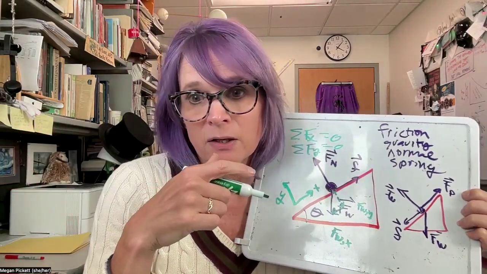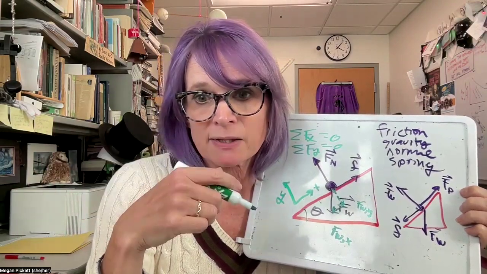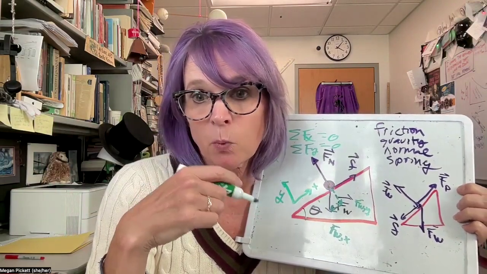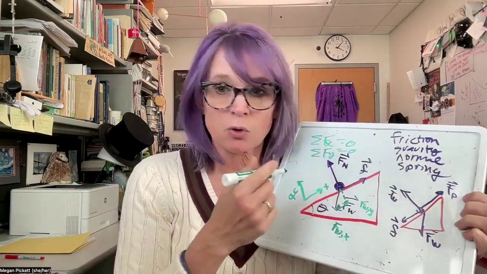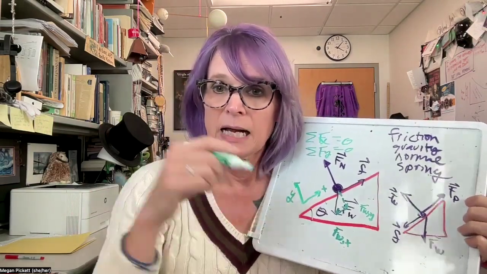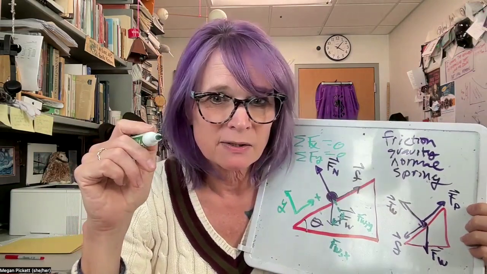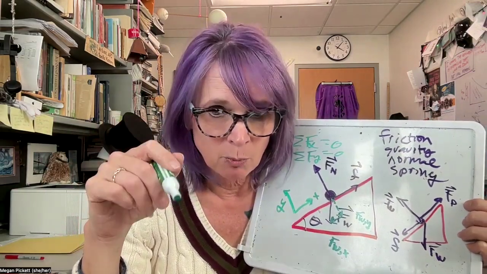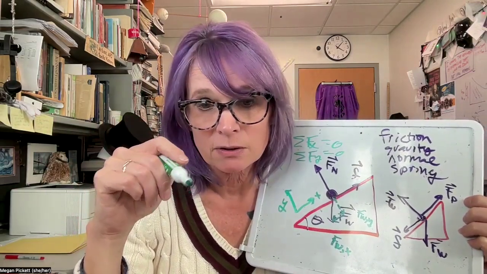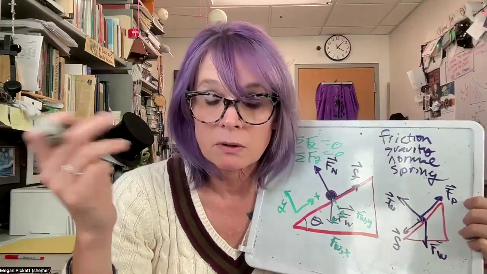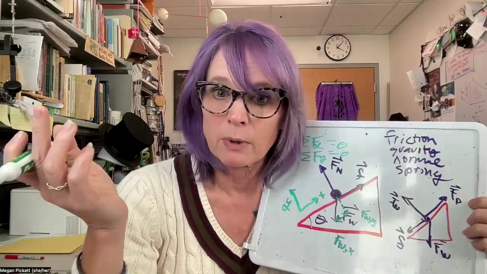We can see that the friction minus the x component of the weight is the total sum of forces in the x direction, and the normal force minus the y component of the weight has got to be 0, otherwise the block would go right through the ramp.